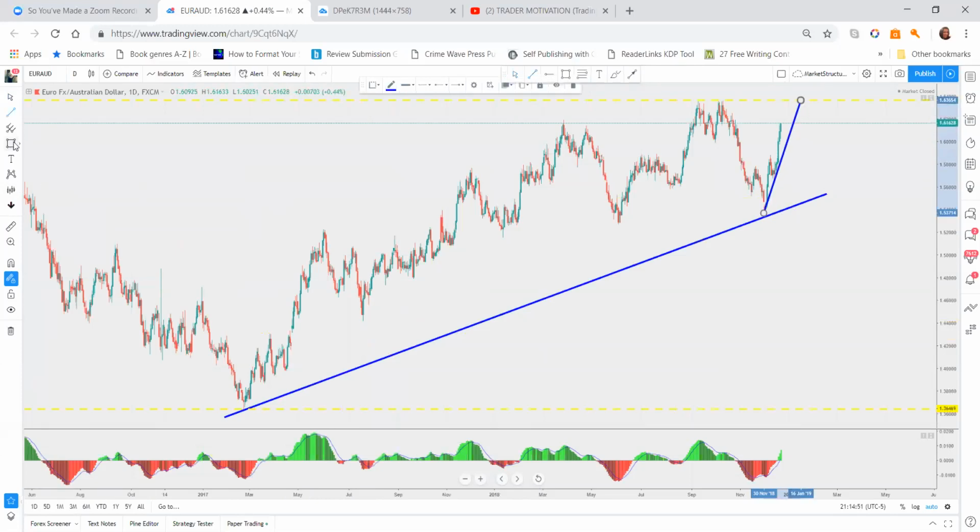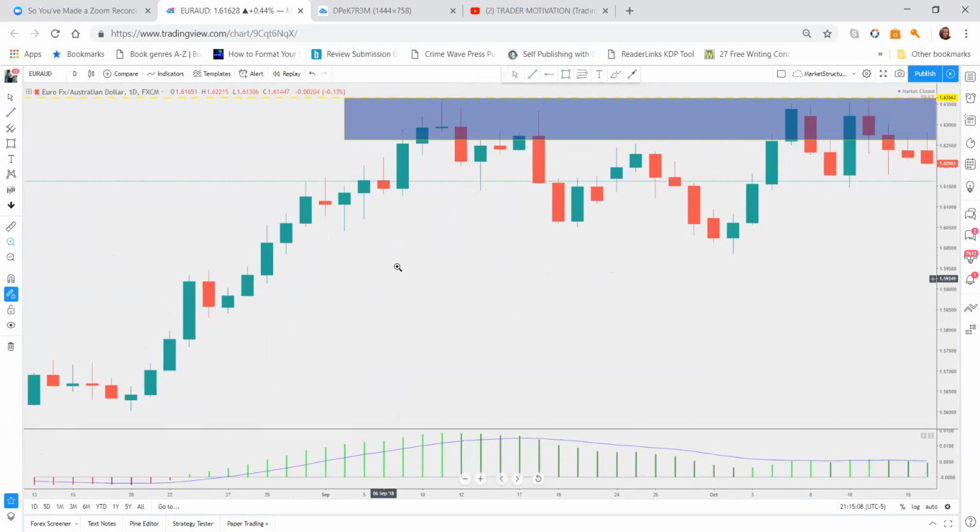Another thing you can do to show your supply and demand zones is to draw a rectangle. When you draw your supply and demand zones, I'm going to zoom in here so you can see this. You want to focus on the candle that was engulfed that caused the reversal.